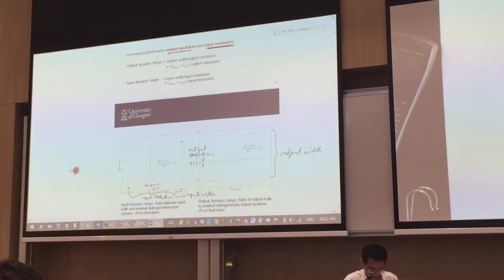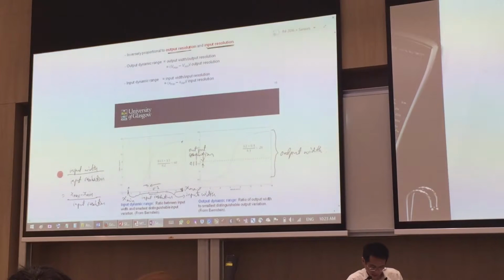My input width divided by input resolution. In this case, we have seen before that this one we call x min, and this one over here we call x max. So x max minus x min divided by input resolution.